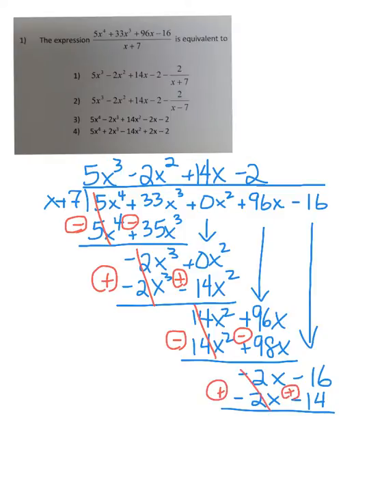And my negative 2x and my positive 2x will cancel out. And then we're going to do the last step here, and we will be left with a negative 2. So then that will give us minus 2, because that's our remainder, over the x plus 7. And if you look at that, you will see that that is answer choice 1.